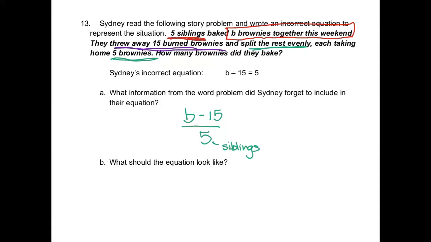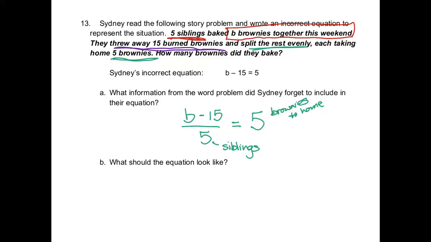And I need to make an equation, so I have to have an equal sign in here. And what do I have at the end? 5, because each of those siblings took 5 brownies home.